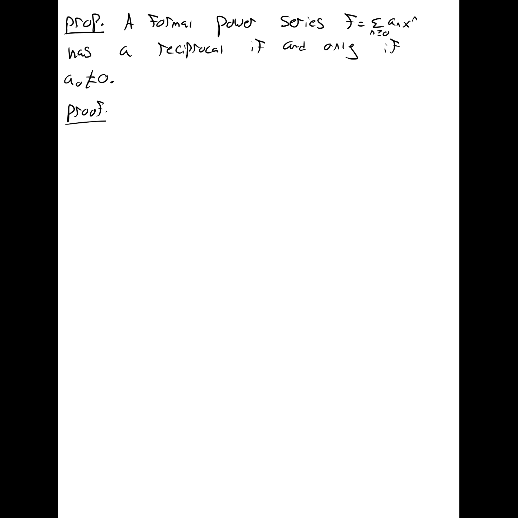And the proof goes something like this. So let's do the first direction. Suppose f, which is defined above, but I'll write it again, has a reciprocal, and we'll call it, again, suggestively, 1 over f, which is going to be equal to the sum from n equals 0 up to infinity of b_n x^n, right?